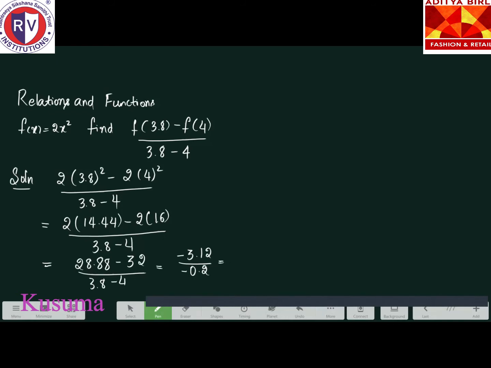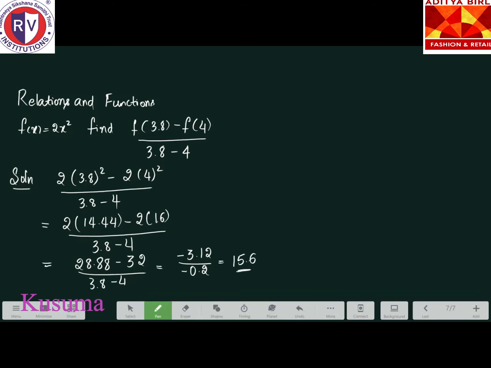So 3.12 by 0.2 will give us 15.6. So this will be the answer. That is, f of 3.8 minus f of 4 divided by 3.8 minus 4 will be equal to 15.6, where the function is f of x is equal to 2x squared. This is your option D. So the right answer is option D.